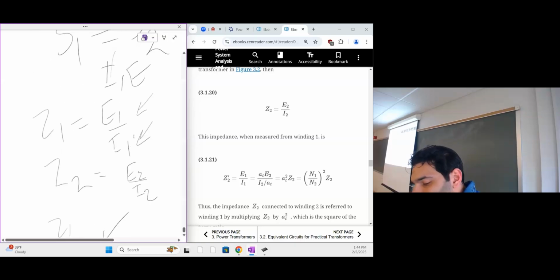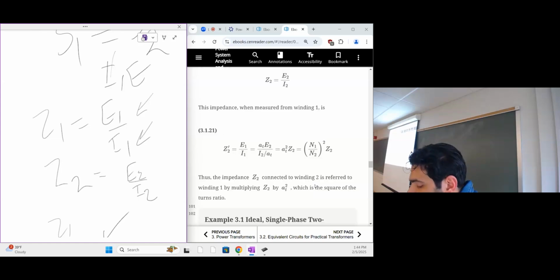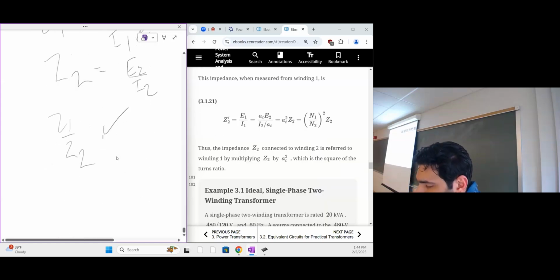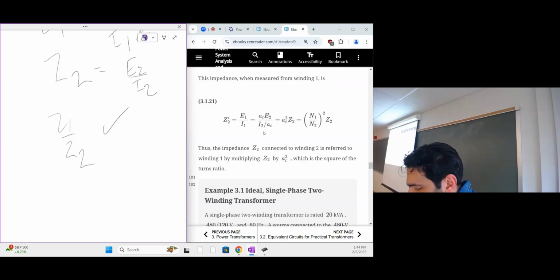But here we have two ratios being divided, so they will multiply. So instead of having N1 over N2, we'll have that value squared. Okay? This is important because it means that the ratio of impedances is squared, unlike the current and voltage ratios.